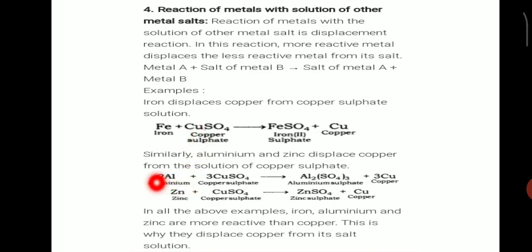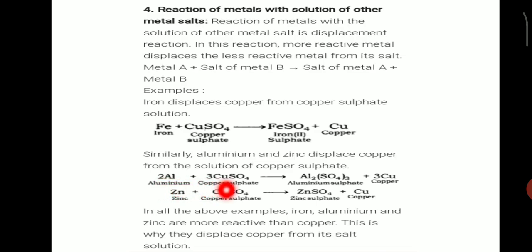Another example is aluminum and copper sulfate solution. We know that aluminum is more reactive than copper, so aluminum can displace copper from copper sulfate solution, and the products are aluminum sulfate and copper.